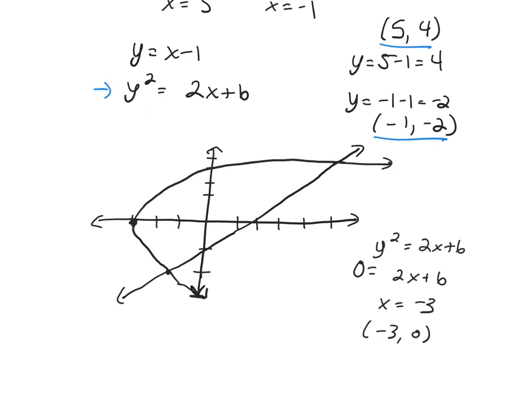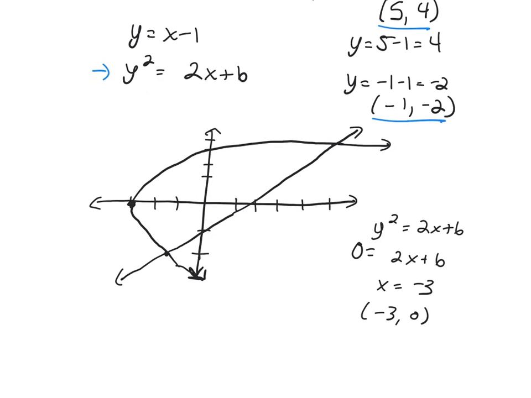I've got my picture of my region, and now I want to see what happens. I need to know top minus bottom, right? But look here. If I'm to the right, the top is the parabola, the bottom is the line.